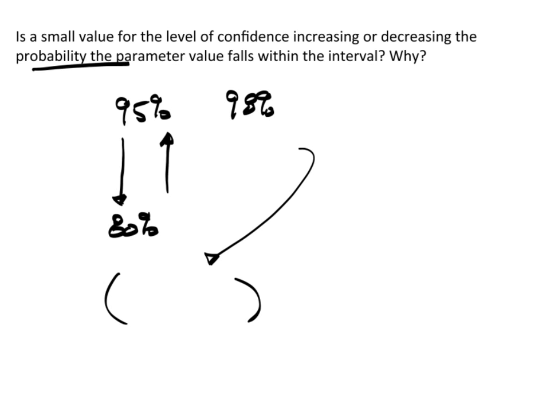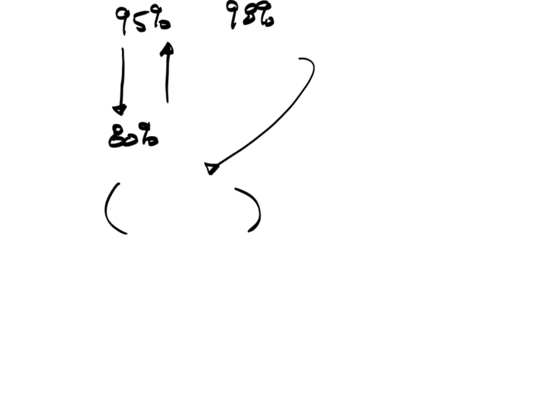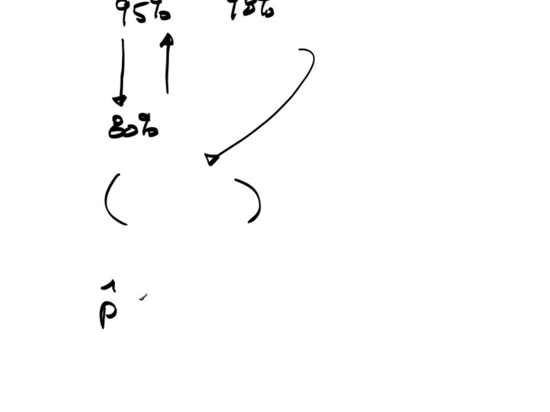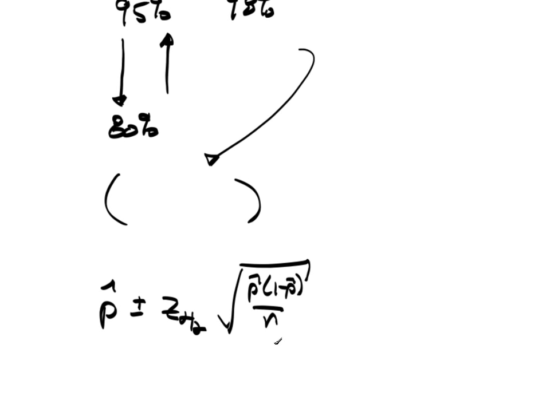More certain is not necessarily better, because if I don't change anything other than the level of confidence, then the interval is going to get bigger and bigger. So if I have my confidence interval here, I've already collected my data, I already have p hat, I already have n. All I'm changing is alpha to be more and more certain.